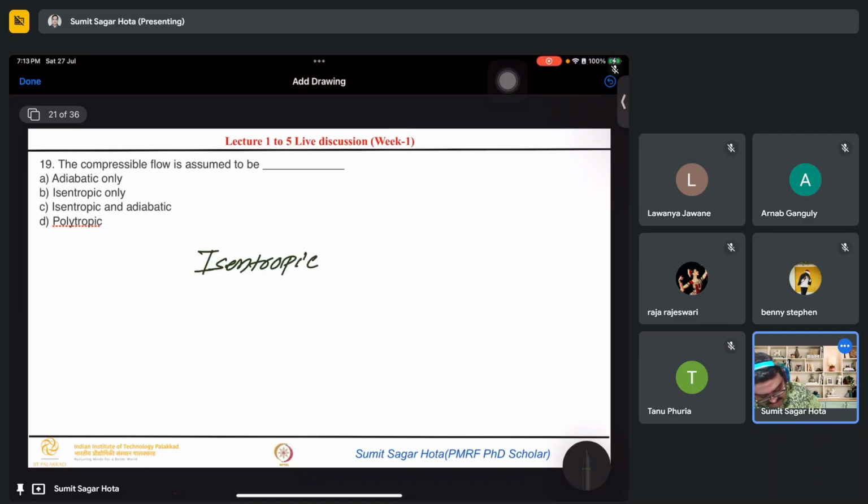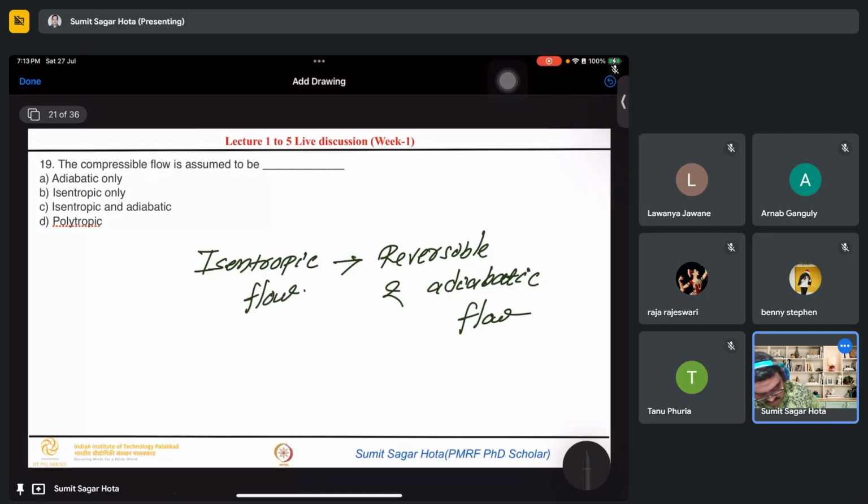So what is an isentropic flow? Isentropic flow is a reversible and adiabatic flow. So whatever options are only adiabatic, those are not correct options.